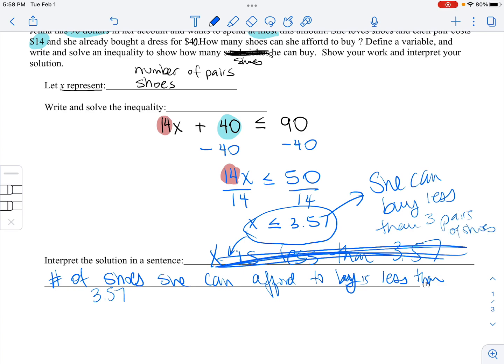Either way, I would accept both those answers. I don't care if you tell me that the number of shoes she can buy is less than 3.57 or less than 3. Can't write less than 4 because she can't afford 4 pairs of shoes, right? So if she buys 4 pairs of shoes, she's going to go over, right?